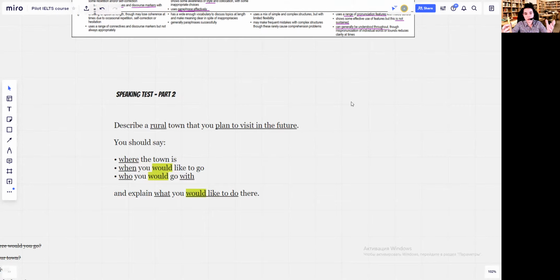Or I'm going to visit my family, or something like it could be a good idea to bring some souvenirs. So although I'm not repeating would all the time, I am fulfilling the same function. And functions are extremely important.